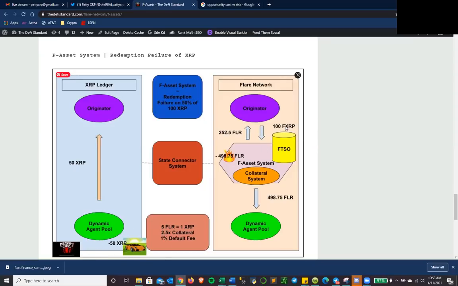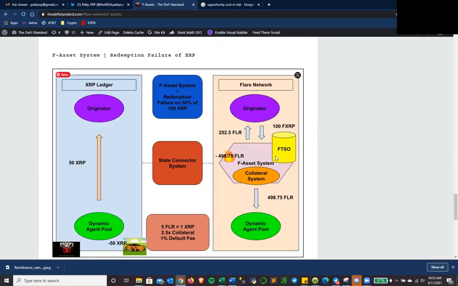So that's 50 times 5 to cover that cost. And then also you get a little extra Spark on top to pay for trading fees or moving around just to make sure you're not losing money here. So you're fully protected. You have the same value. 50 XRP plus 252.5 Spark would give you the same value as 100 XRP in this scenario.